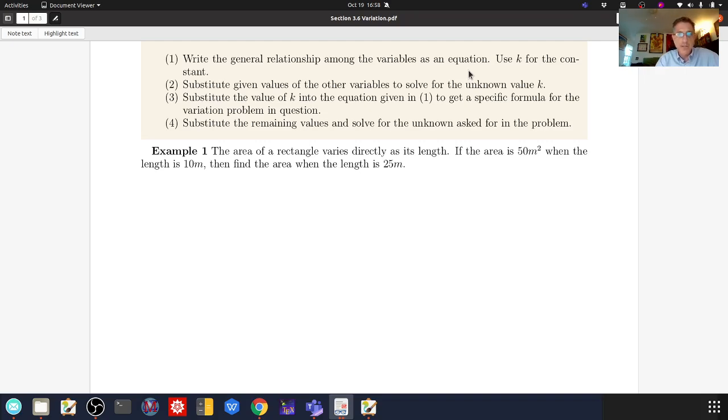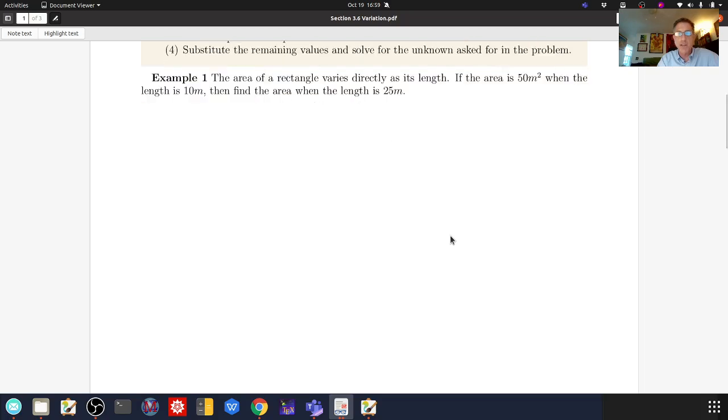Substitute given values of other variables to solve for the unknown value, which is k. That's what we'll use, because that's what the book is using. Substitute the value k into the equation given in 1 to get a specific formula for the variation problem, and then substitute the remaining values and solve for the unknown asked in the problem.